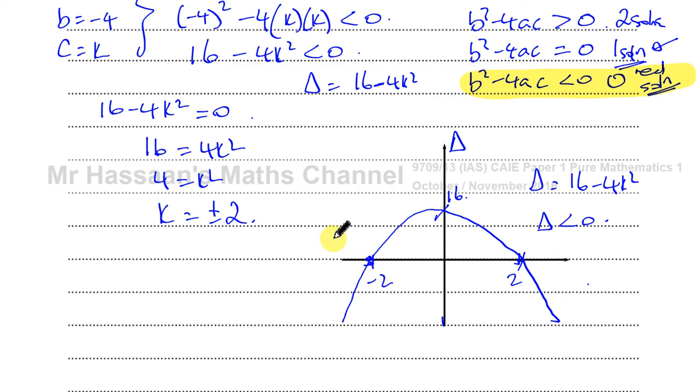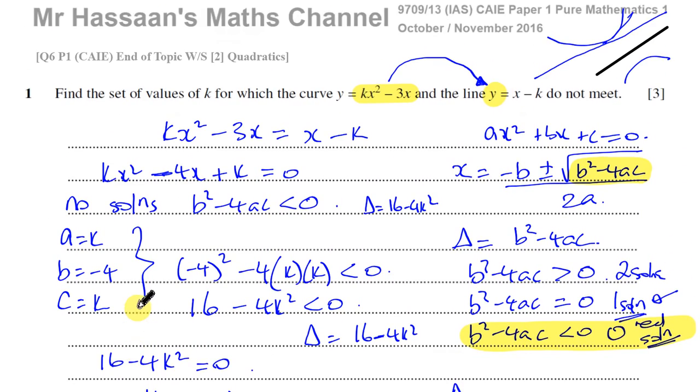When the discriminant is negative, it's when k is less than negative 2. When k is less than negative 2, we end up with negative values for the discriminant. And when k is more than 2, we also end up with negative values for the discriminant. So when k is less than -2 and when k is greater than 2, there will be no solutions.